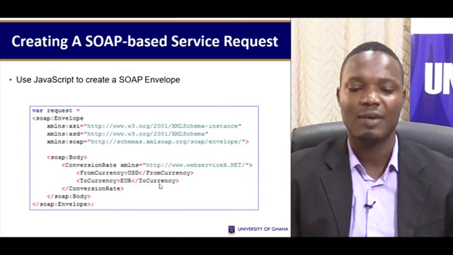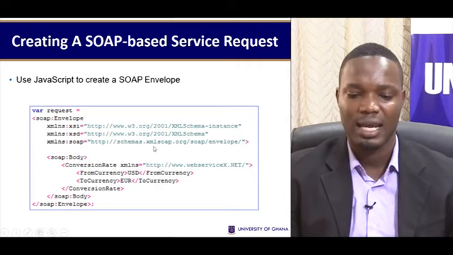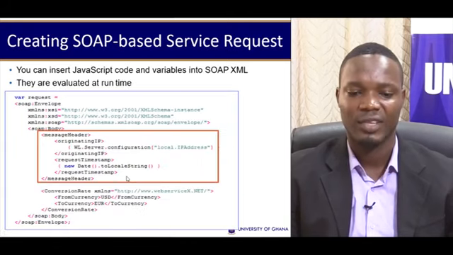So we'll use JavaScript to create a SOAP envelope, and you can see an example of that on the screen right now. So this is an example of how we create the SOAP envelope in JavaScript. Then we can continue to insert JavaScript code and variables into the SOAP XML, and these will get executed or evaluated at runtime.